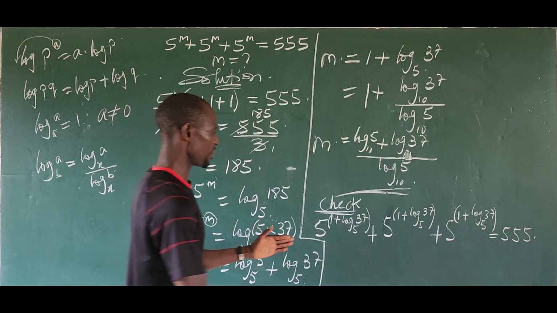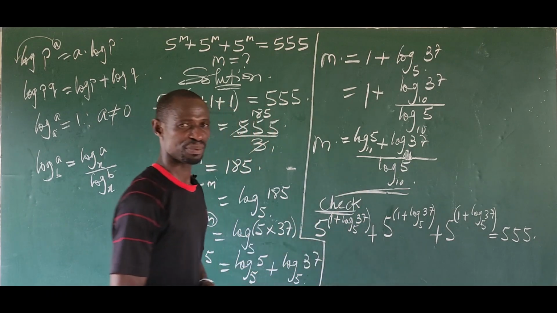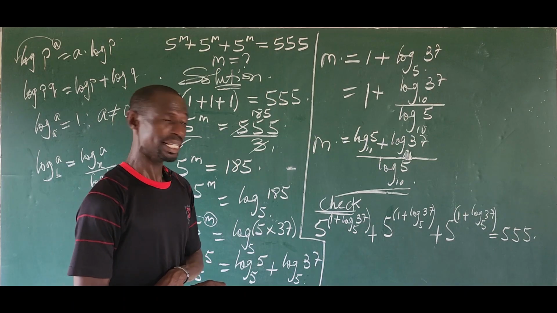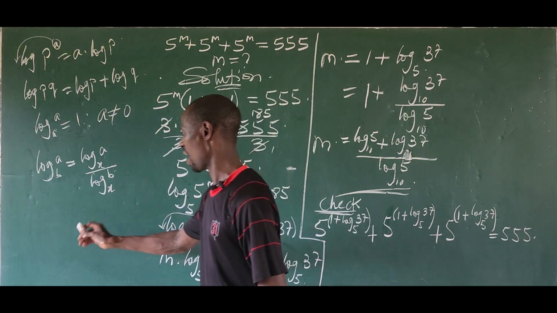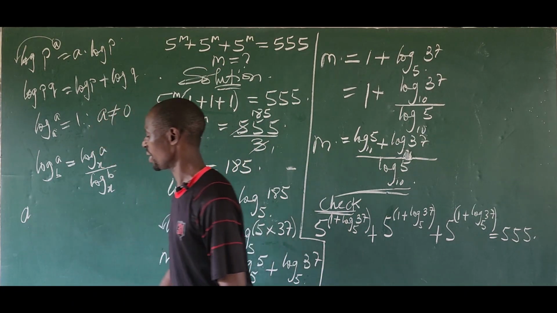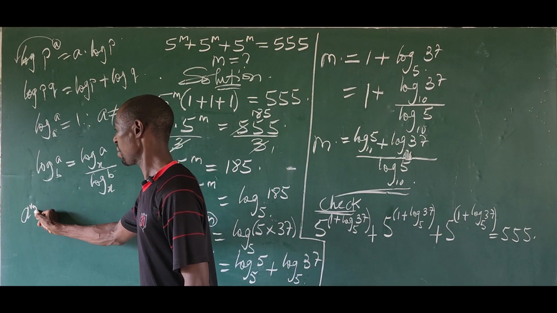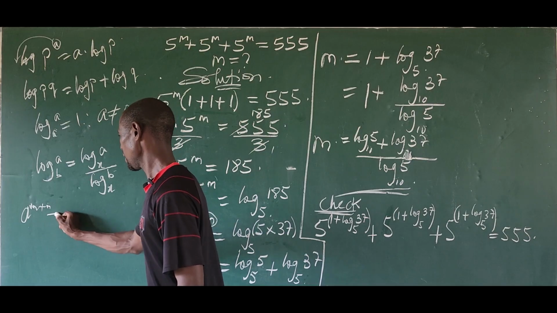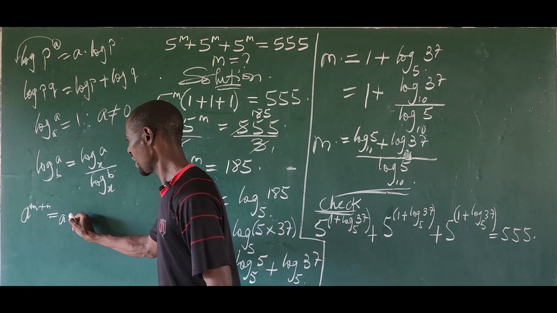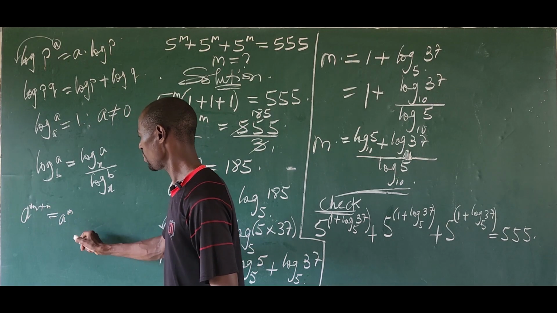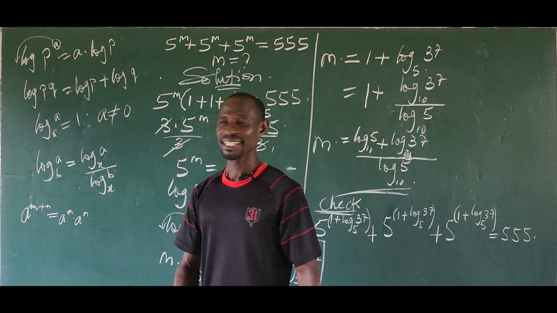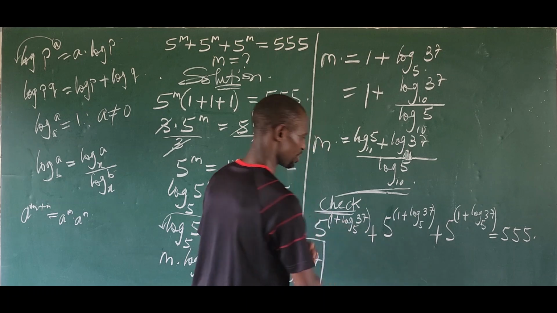Now we just have to open up this expression we have in here. Applying the law of indices, which says that when you have A to the power of M plus N, this is equal to A to the power of M times A to the power of N. So if we apply this law, we can rewrite this expression.